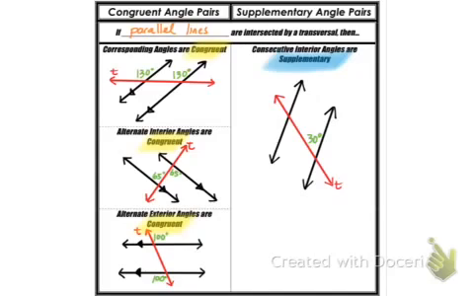So let's pretend that this angle right here is 30 degrees. Its consecutive interior angle pair would have to be its supplement, 150. So 150 plus 30 would be 180 degrees. So I highlighted earlier that these three angle pairs are congruent when parallel lines are being intersected by a transversal, and then the consecutive interior angles are supplementary.